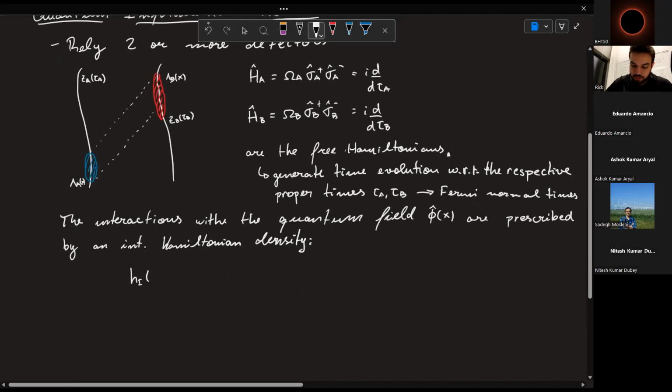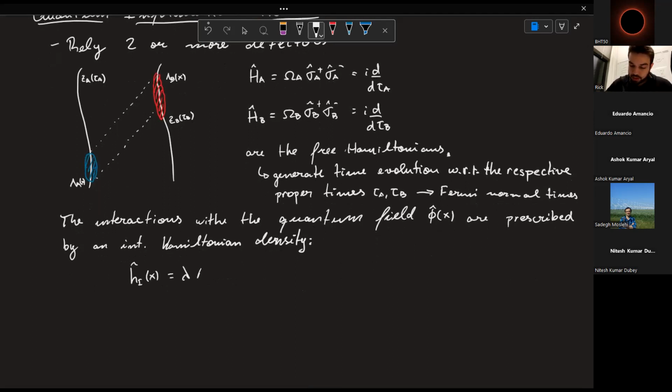The total interaction Hamiltonian density is simply the sum of the interaction Hamiltonian that Alice has with the field and the interaction Hamiltonian that Bob has with the field.